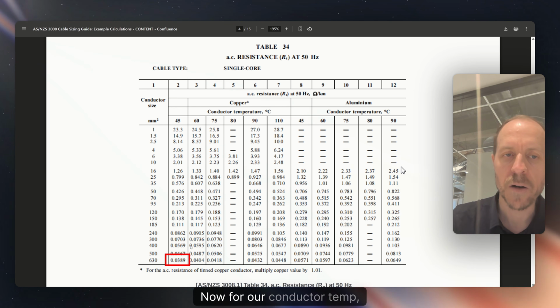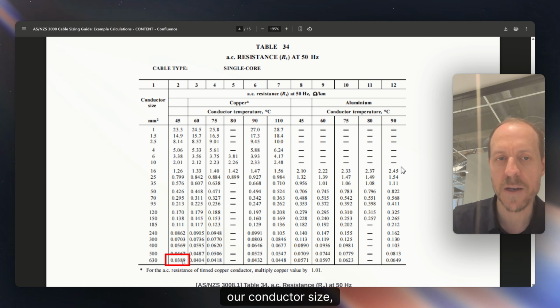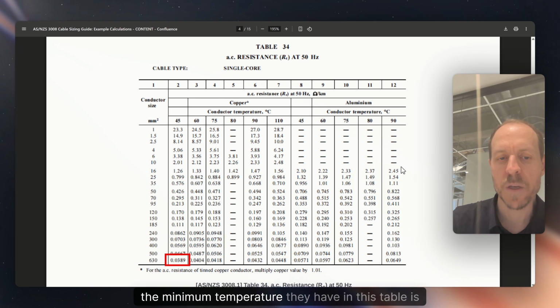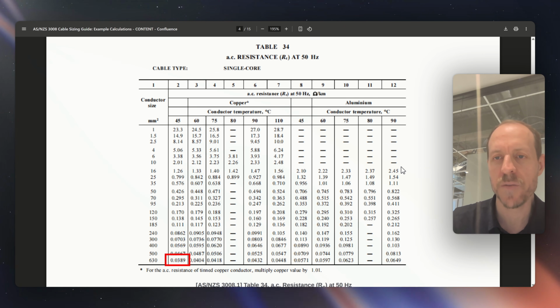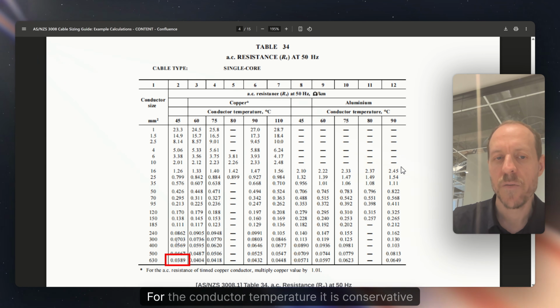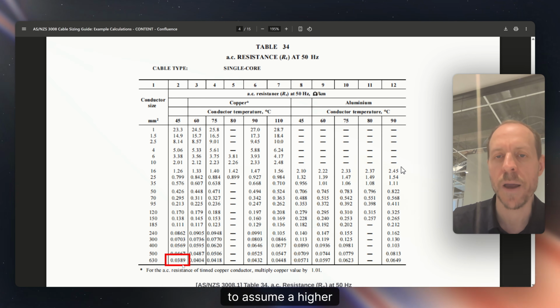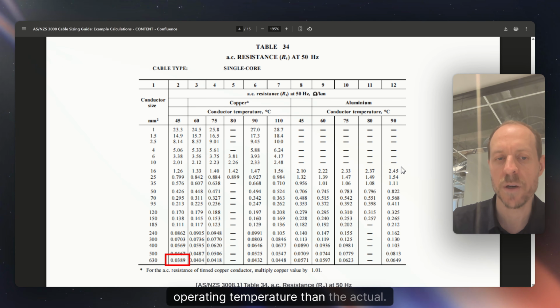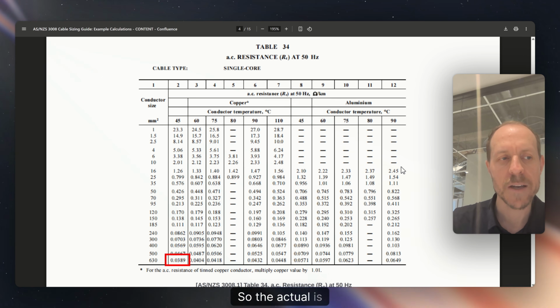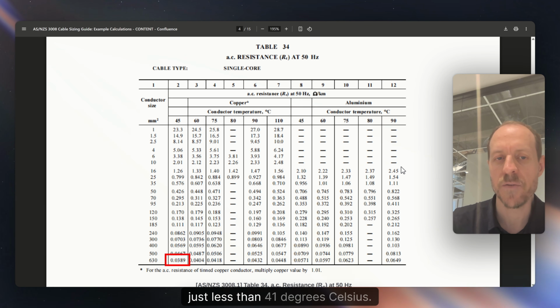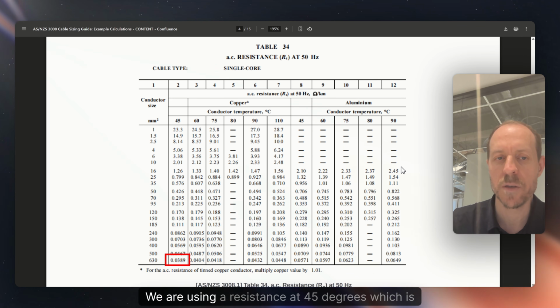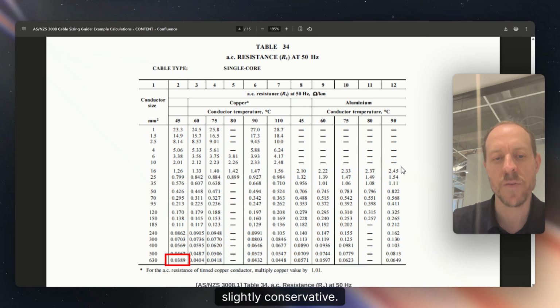Now for our conductor size, the minimum temperature they have in this table is 45 degrees. For the conductor temperature, it is conservative to assume a higher operating temperature than the actual. So the actual is just less than 41 degrees Celsius. We are using a resistance at 45 degrees, which is slightly conservative.